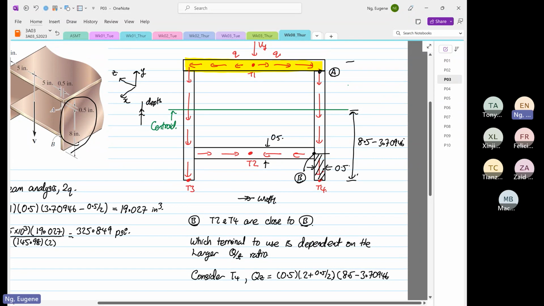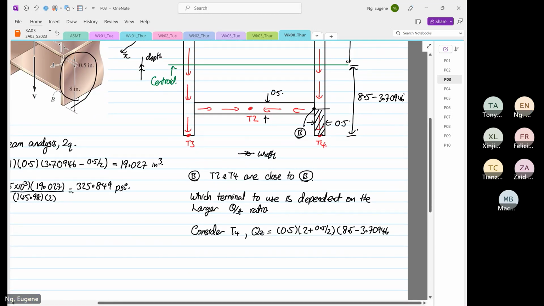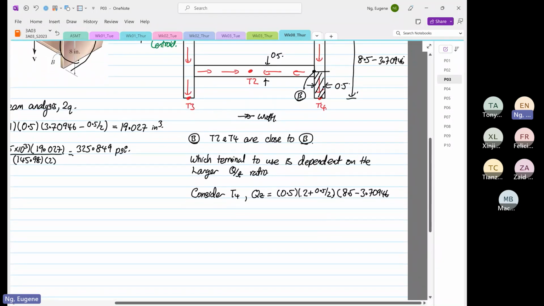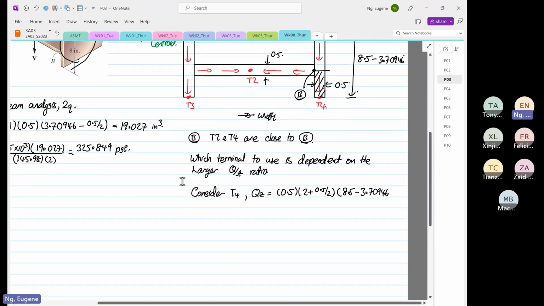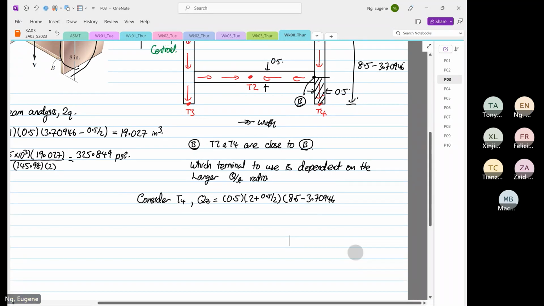So this distance over here to here is 3.70946. Okay. I'm going to shift this towards the left because I need more space. Right. Okay.